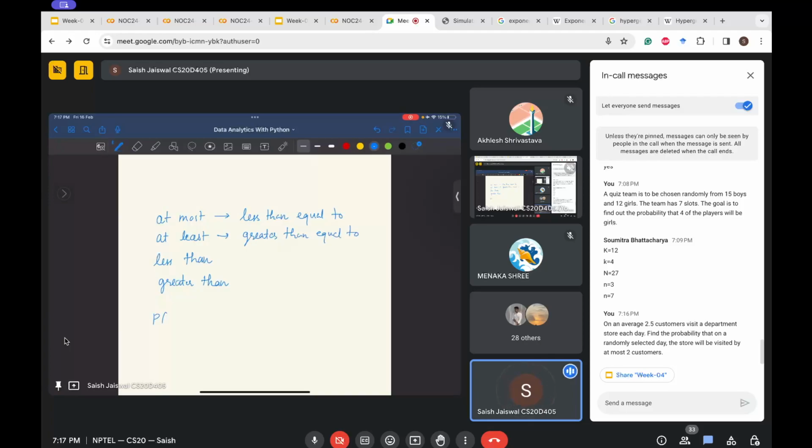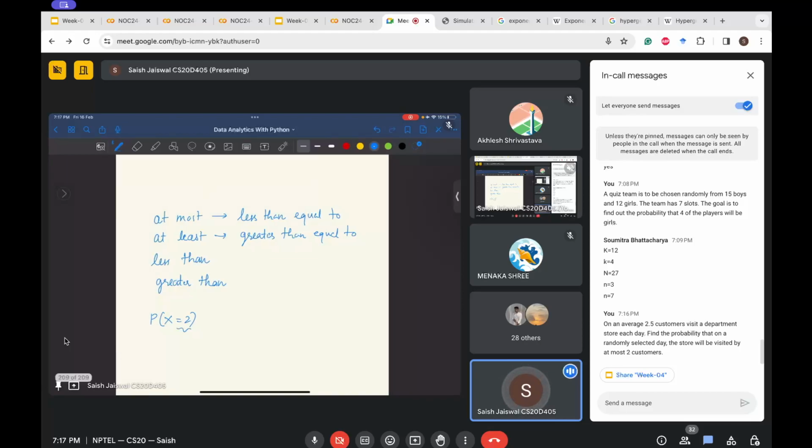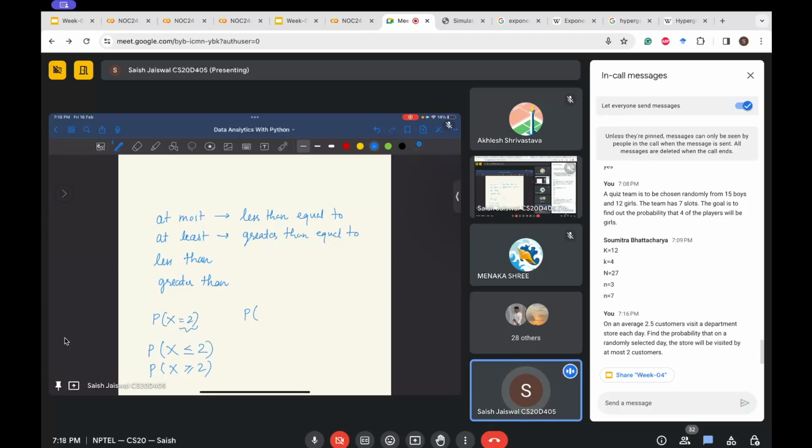So probability of X, number of 2 customers visiting in a day, this is exactly 2 customers. At most 2 customers will be less than equal to 2, at least 2 customers will be greater than equal to 2, and less than 2 customers is strictly less than 2, and greater than is strictly greater than 2. Yeah, so please keep these terms in mind. At most is less than equal to, at least is greater than equal to, less than, and greater than.